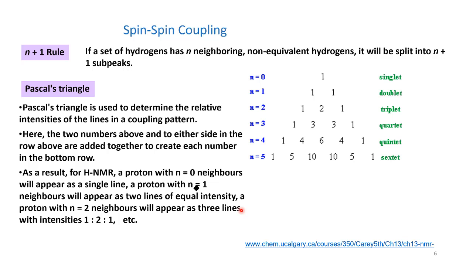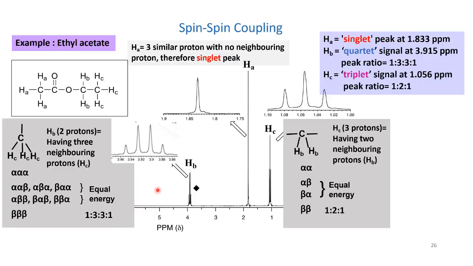As I have told, for an NMR of hydrogen which has a proton with zero neighboring hydrogen, it will appear as a single line. So with zero n, we get a singlet peak.